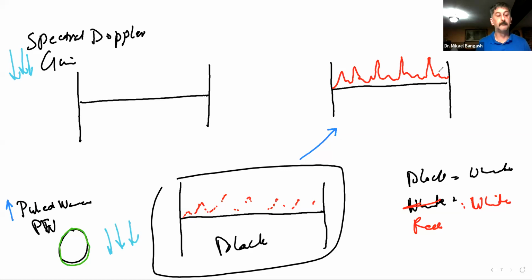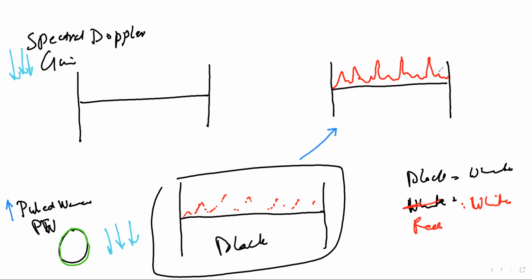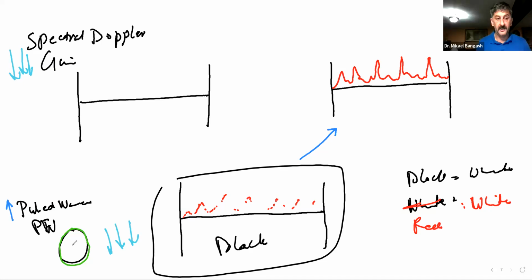Did that make sense? Can you repeat that for me? When you increase your spectral Doppler gain, mainly by turning your pulse wave Doppler knob clockwise, what will happen?